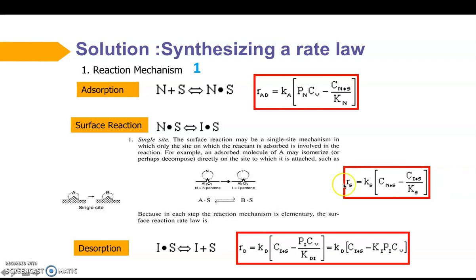So we need to substitute for Cn dot S and also Ci dot S. How are we going to do that? That's why we need these two, Ra and Rd, to determine our CNS and CIS.